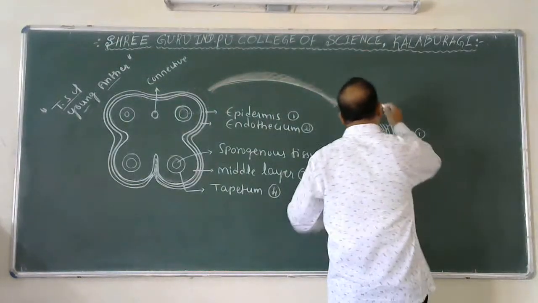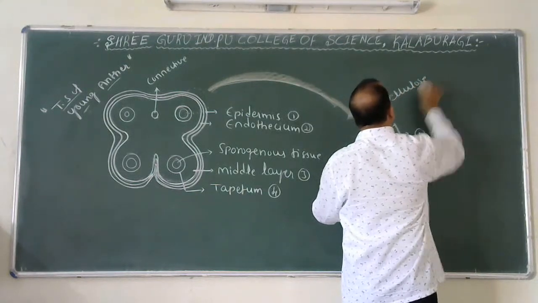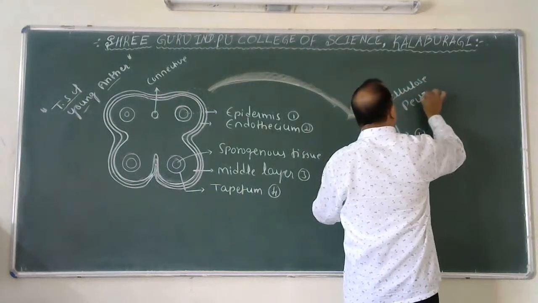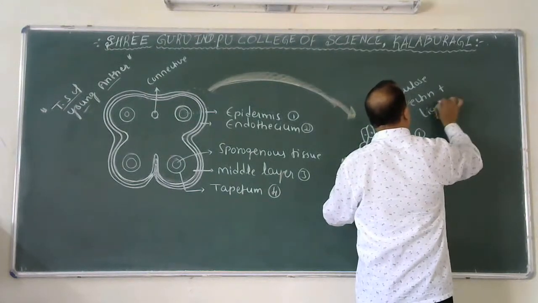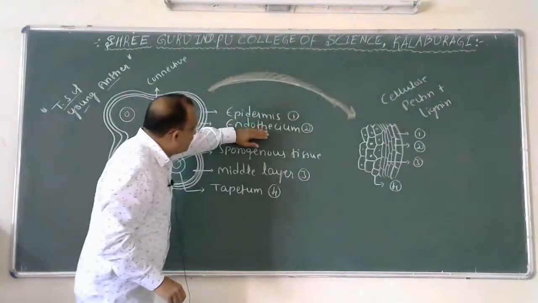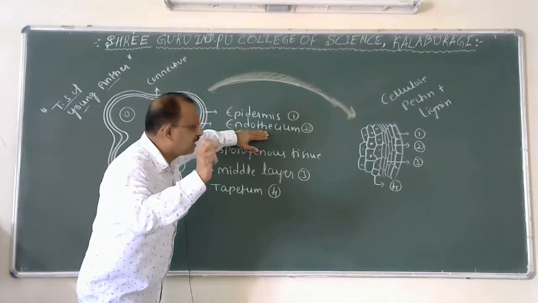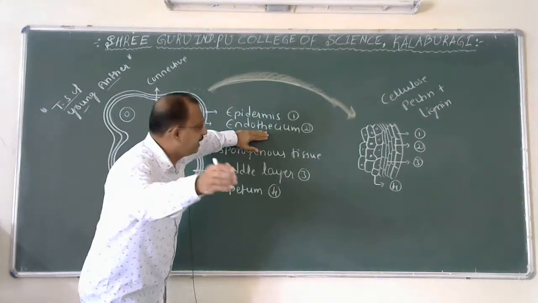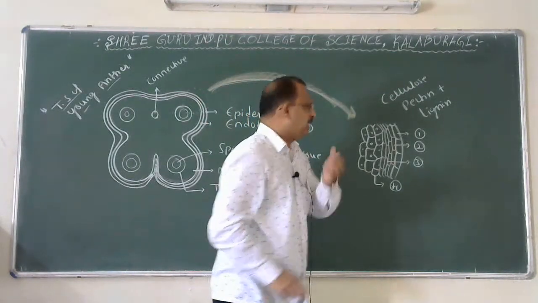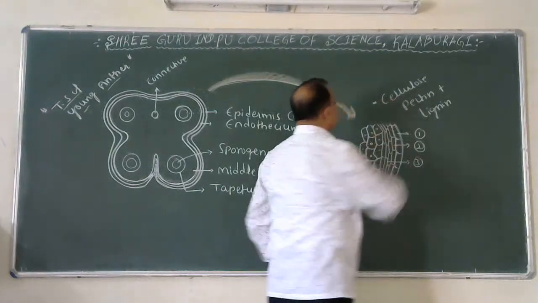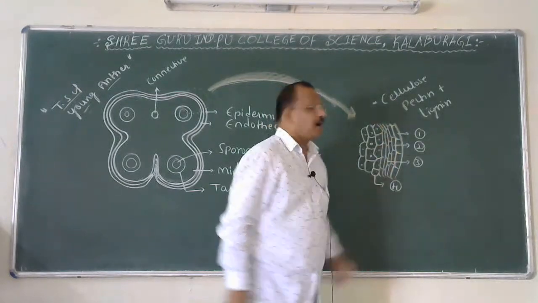Fibrous thickening is nothing but deposition of cellulose and little pectin and lignin.